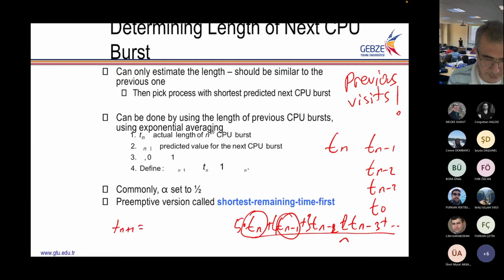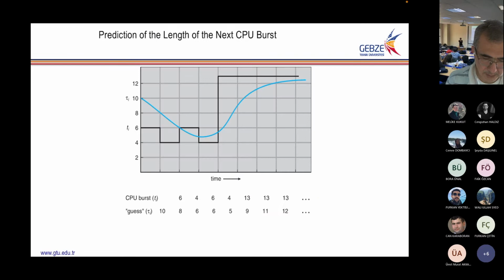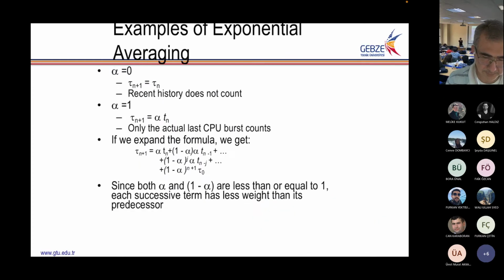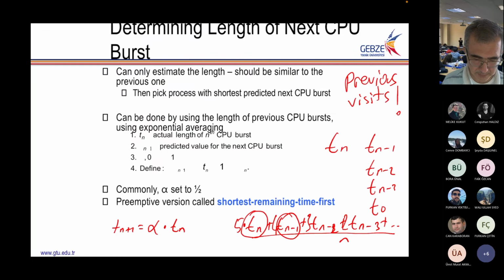Tn plus 1 is actually alpha times Tn plus 1 minus alpha times tau n.